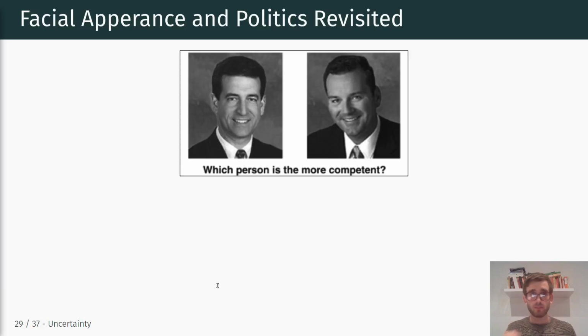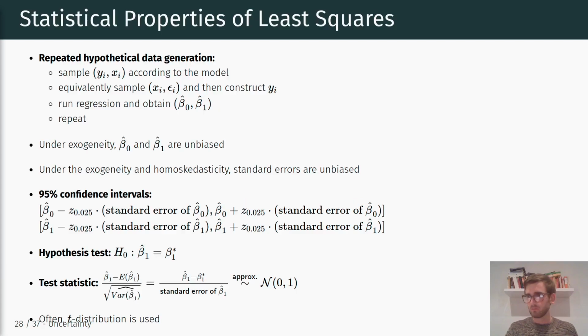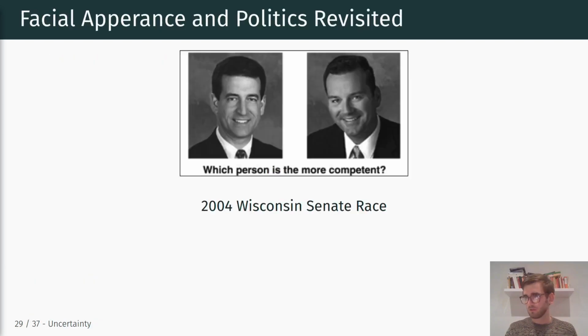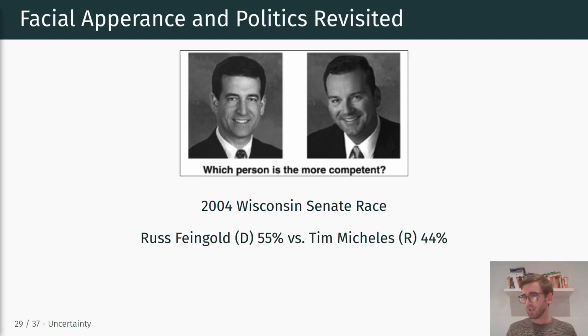This is one example of the study. You have two people who might or might not be familiar to you. Turns out they both ran in the 2004 Wisconsin Senate race.